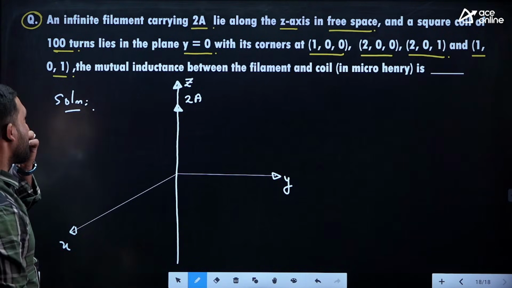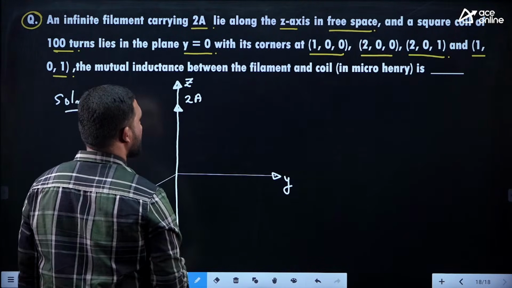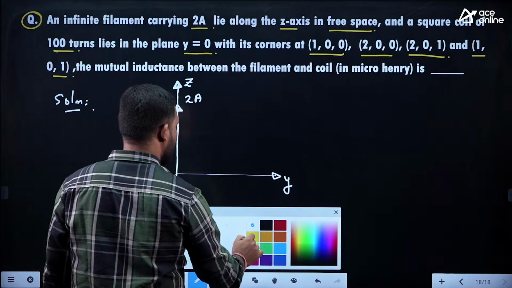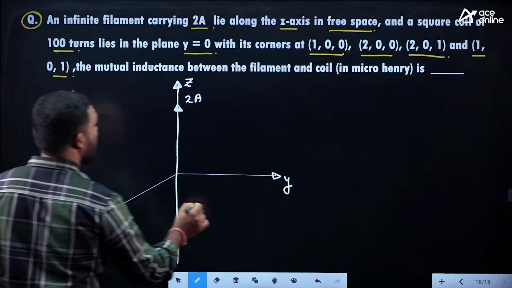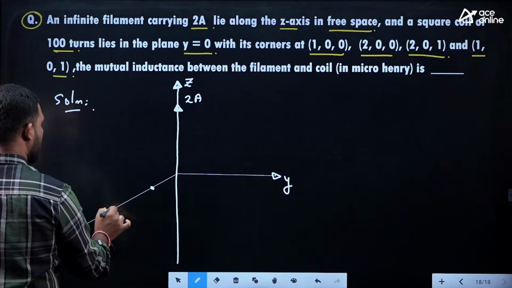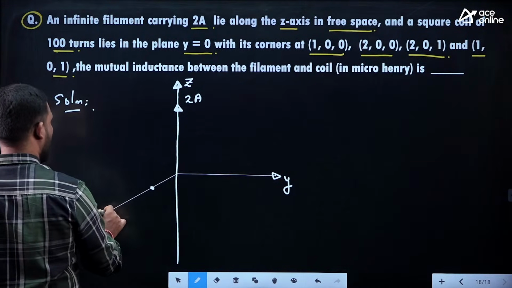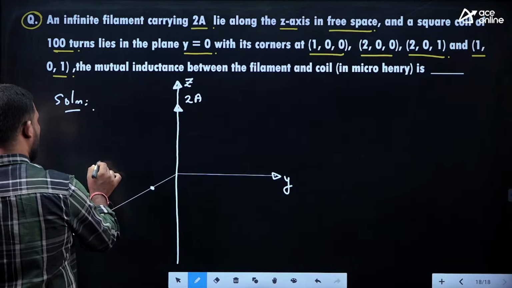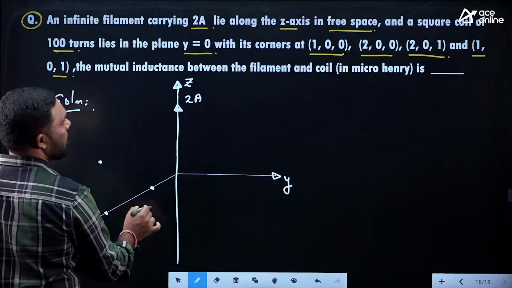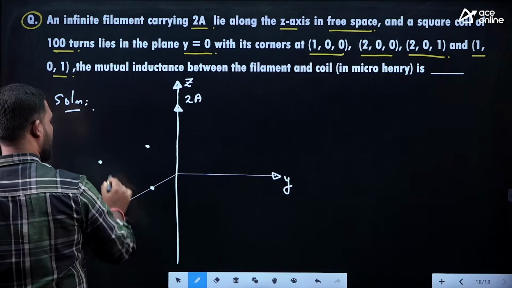A square coil of 100 turns lies in the y equal to 0 plane with its corners at, where are the points here? 1 comma 0 comma 0, 2 comma 0 comma 0, and the other one is 2 comma 0 comma 1 somewhere here, and the other one is 1 comma 0 comma 1 somewhere here. So let us make some.